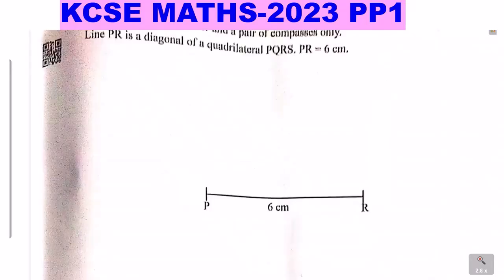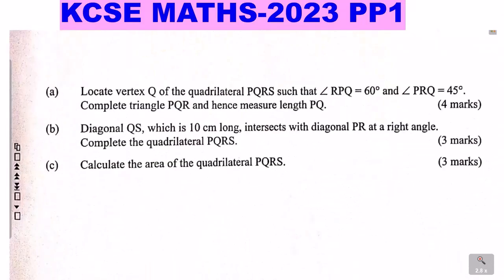So the first part, this is the question, locate vertex Q. And to do that, you're required to construct 60 degrees. That is angle RPQ is equal to 60 degrees.